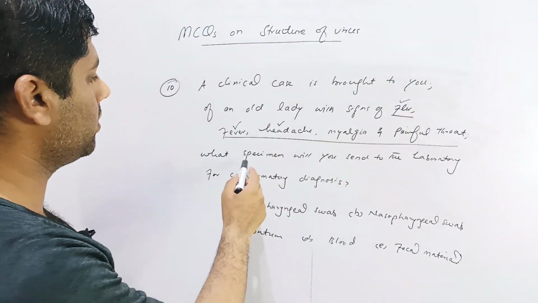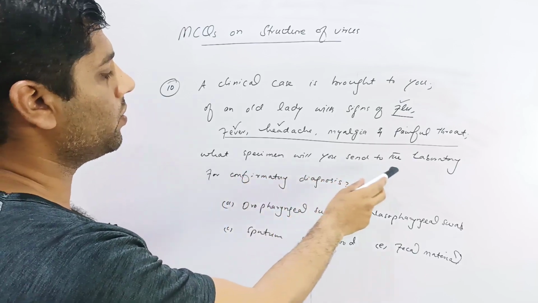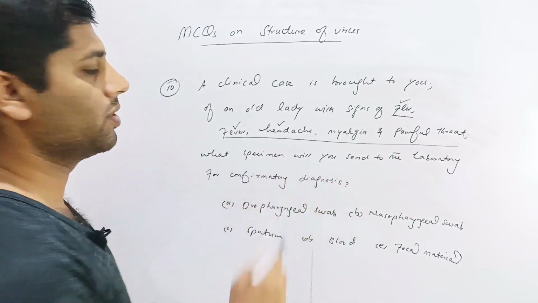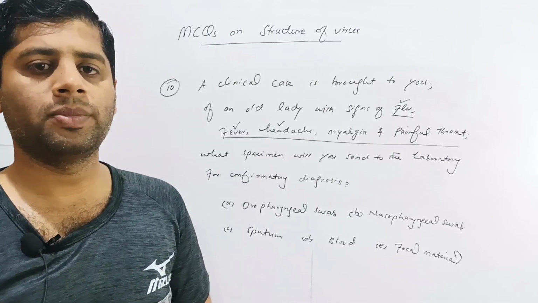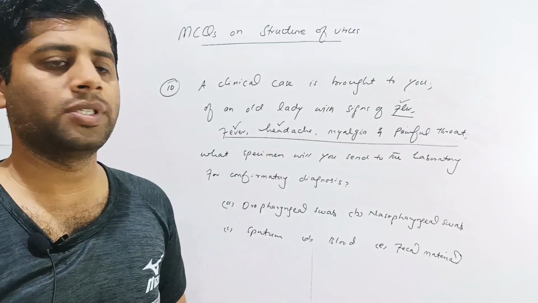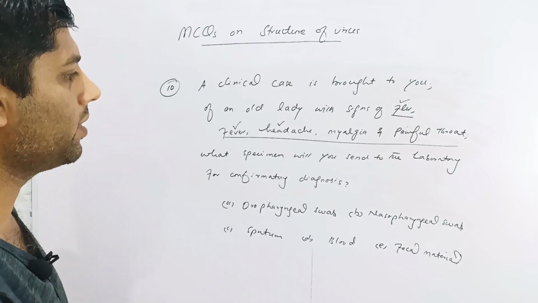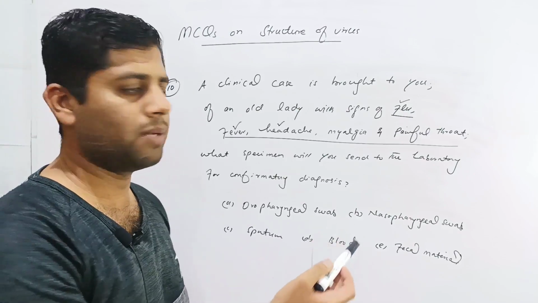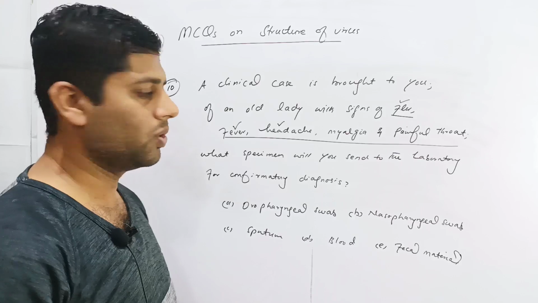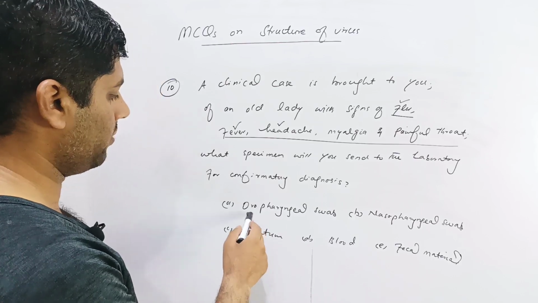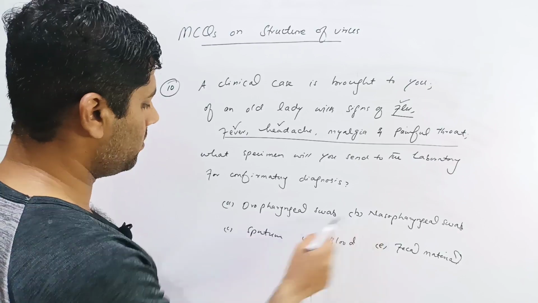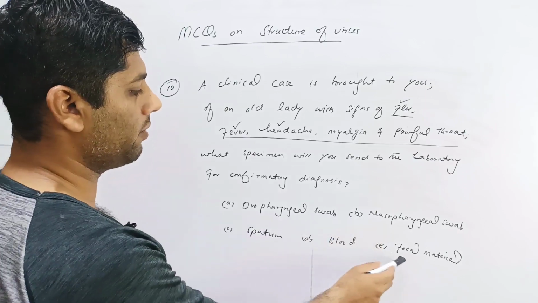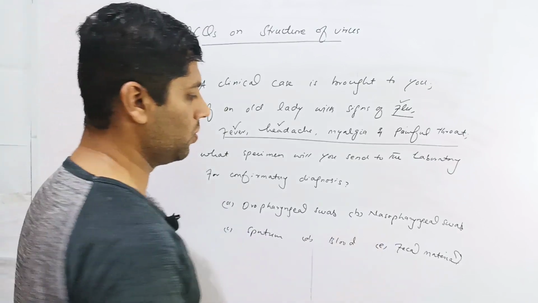He is asking which specimen you will send to the laboratory for confirmatory diagnosis. Before going to treat the case, you have to confirm the underlying cause of the disease. So for confirmatory diagnosis, you have to take help of laboratory facility. The specimens given here are oropharyngeal swab, nasopharyngeal swab, sputum, blood, or fecal material, or stool.